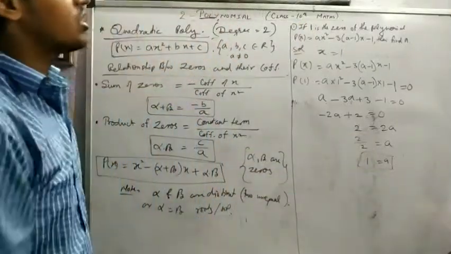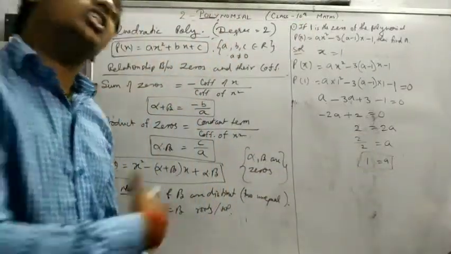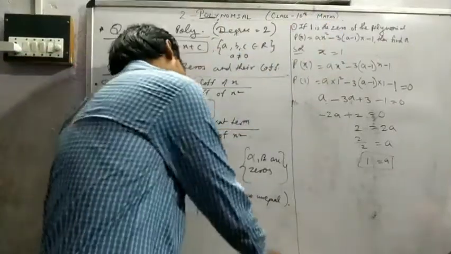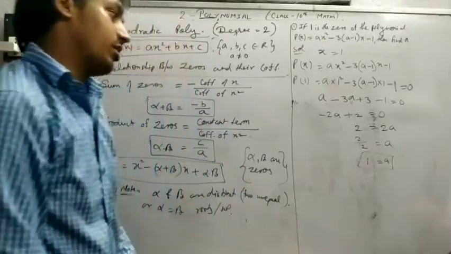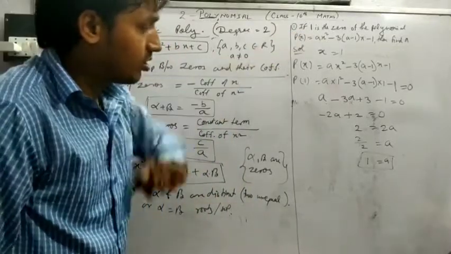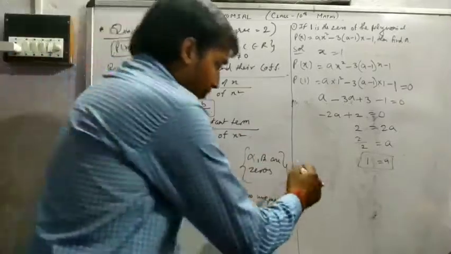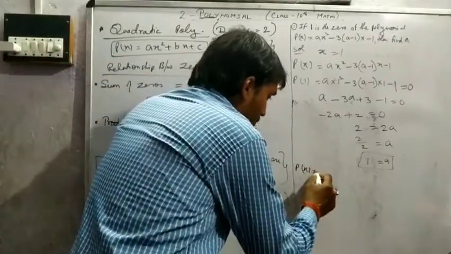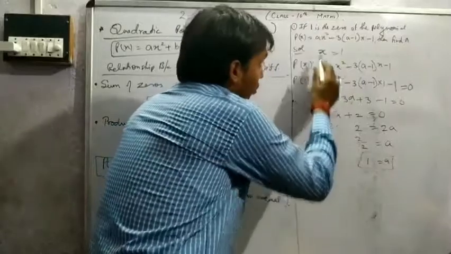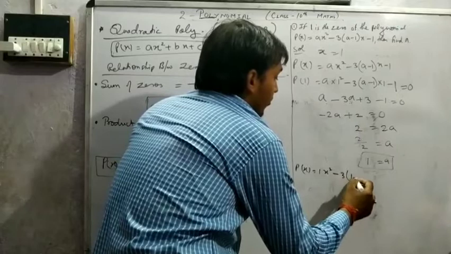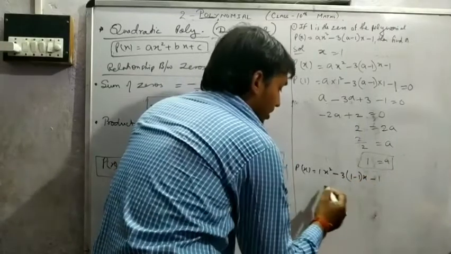If the question also says find the other zero, it's not given here, but if the question says find the other zero, that means one zero is 1, alpha, and you find the other zero, that is beta. So first you find the polynomial. Put the value of a here: 1 x square minus 3 into 1 minus 1, x minus 1.